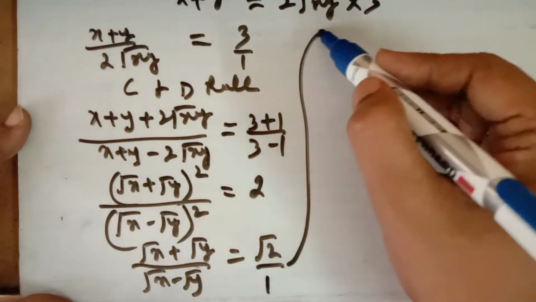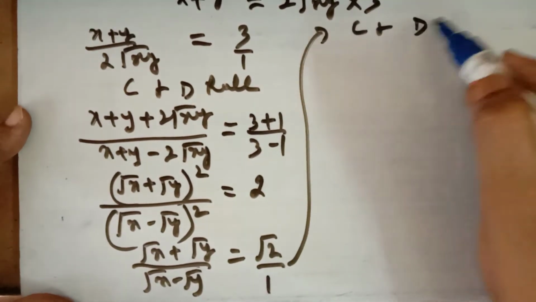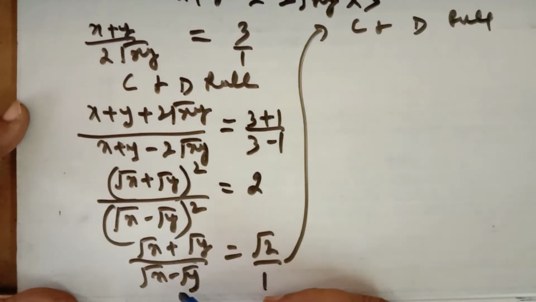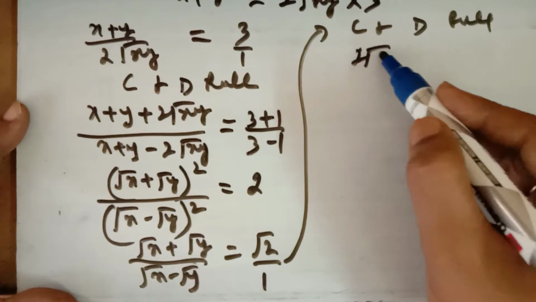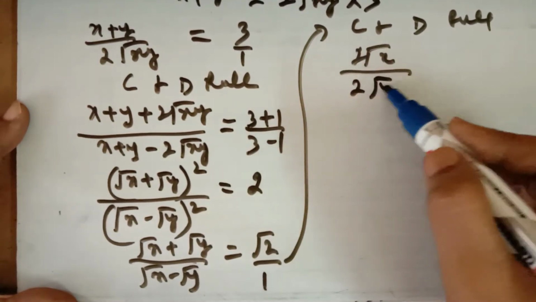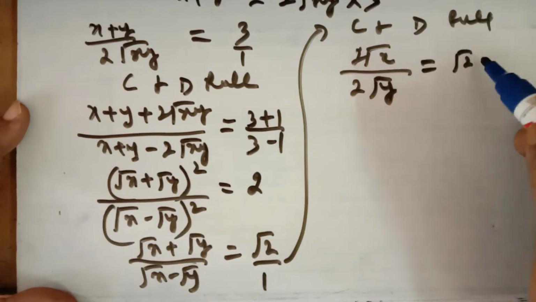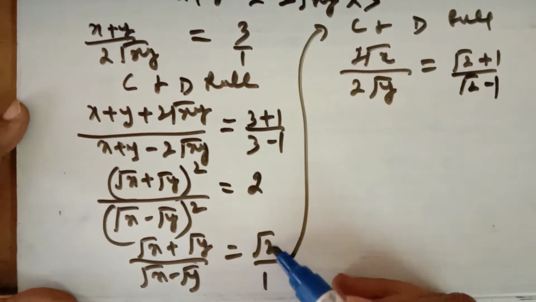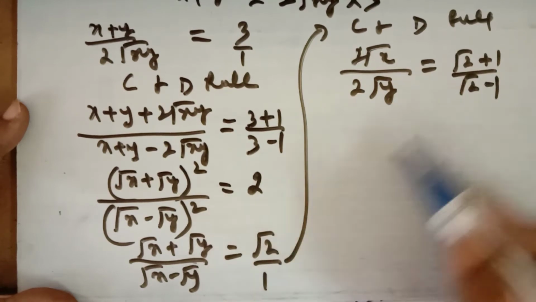Now again you use the C and D rule. If you add both of them in the numerator, it will be 2 root x. If you subtract both in the denominator, it will be 2 root y. In the right hand side, root 2 plus 1 upon root 2 minus 1, adding both of them in the numerator and subtracting both of them in the denominator.